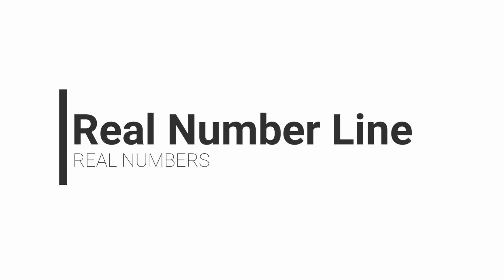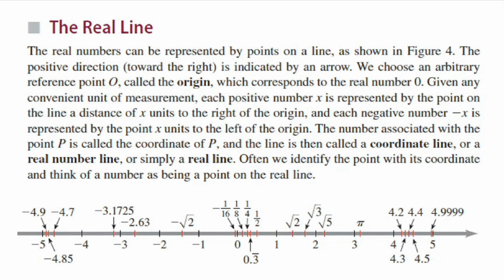Now let's discuss the number line. The real numbers can be represented by points on a line as shown in this figure. The positive direction toward the right is indicated by an arrow. We choose an arbitrary reference point 0, which we call the origin, which corresponds to the real number 0.